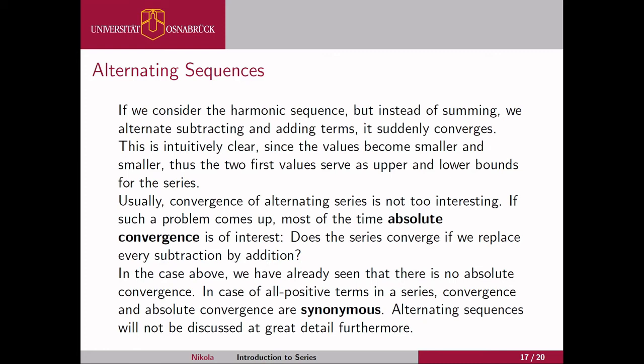And then you continue adding and subtracting terms which get smaller and smaller. So obviously 1 and a half give you absolute upper and lower bounds for the convergence of your series. Of course, having upper and lower bounds is not a sufficient criterion for convergence, but believe me, this converges.